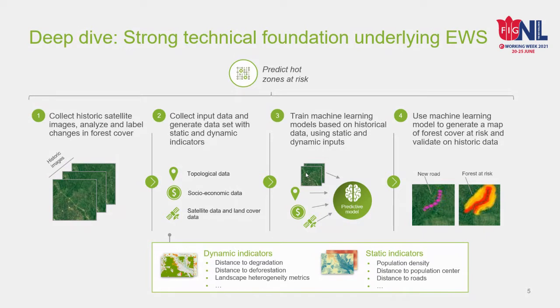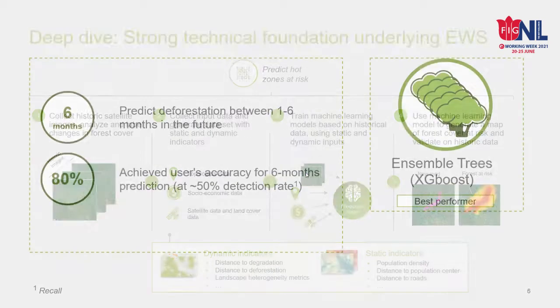And we combine that with other open source data like elevation and population density, and this all feeds into, and I'm now at step 3, a machine learning model, and that will predict ahead of time where deforestation is likely to happen. So then I come to number 4, which generates a map where deforestation is a real risk.